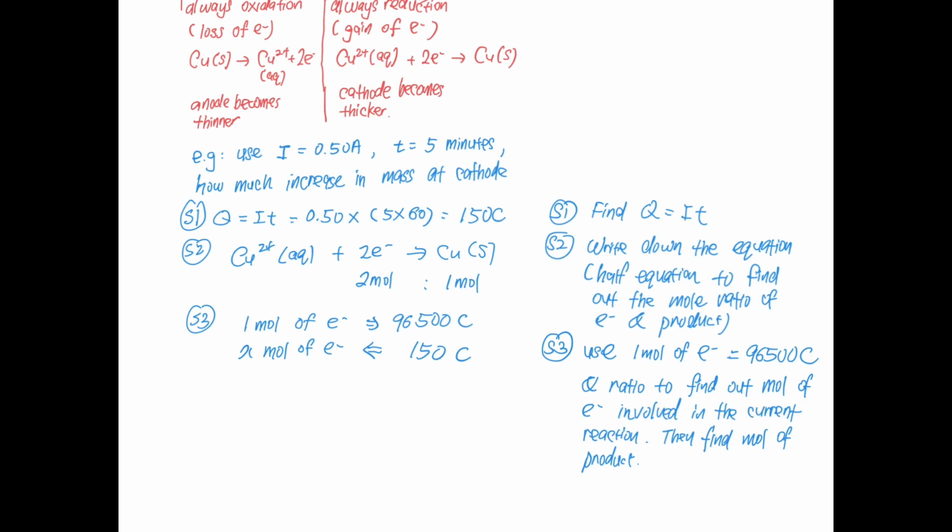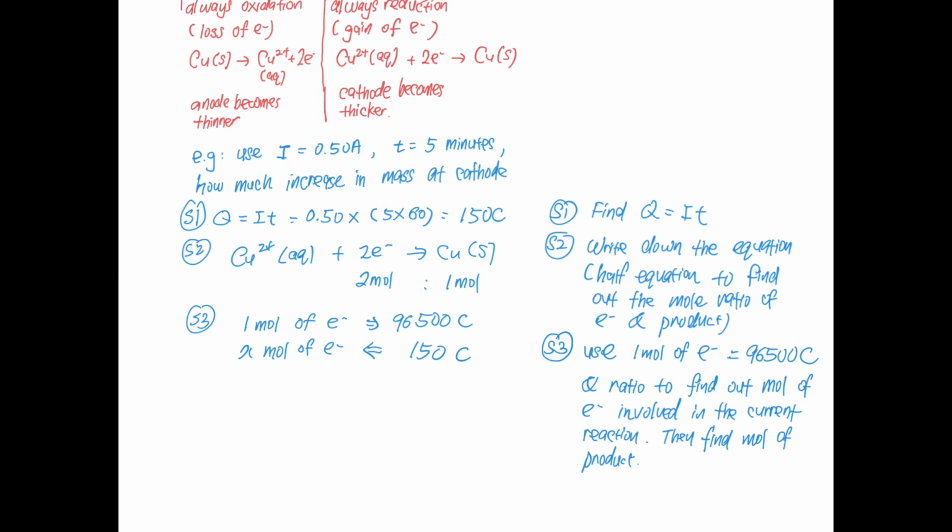Our current reaction is this reaction where we take this electric current and this time, and the charge involved is just 150 coulomb. So 150 coulomb represents how many mole of electron we need to find out first. To find this, we use the ratio method.